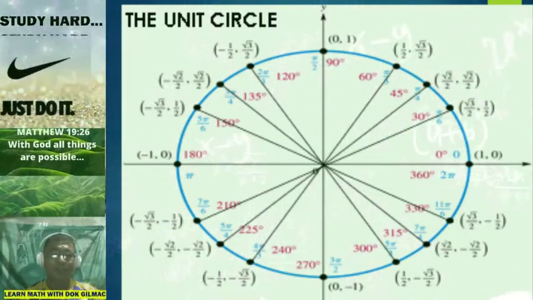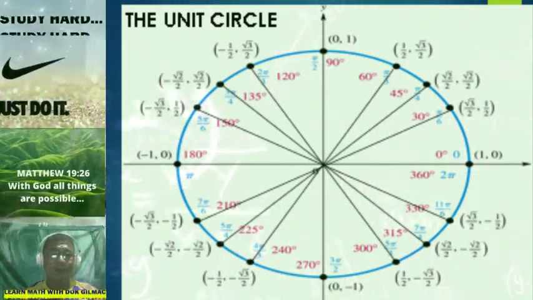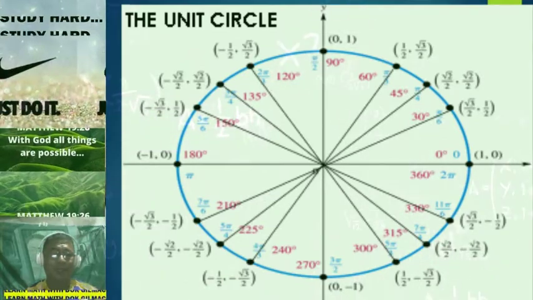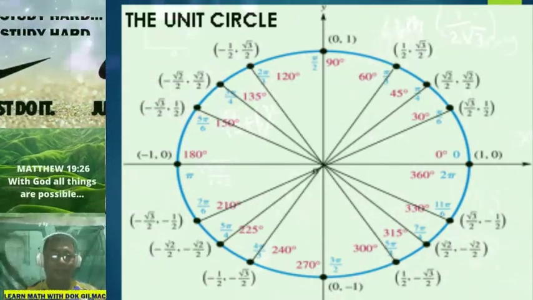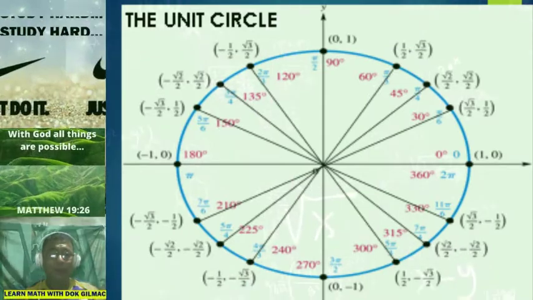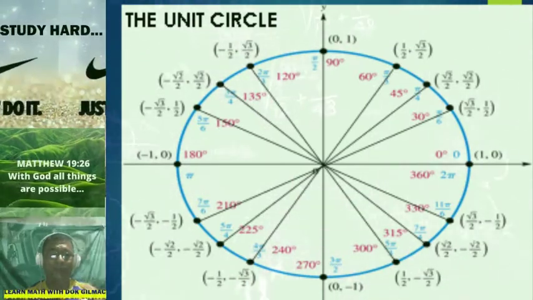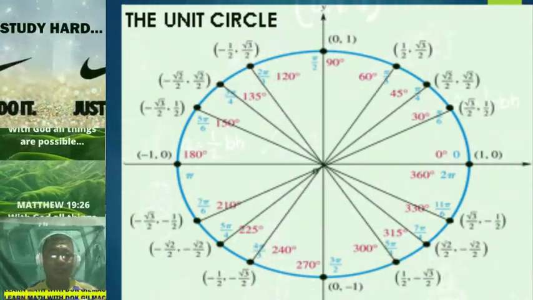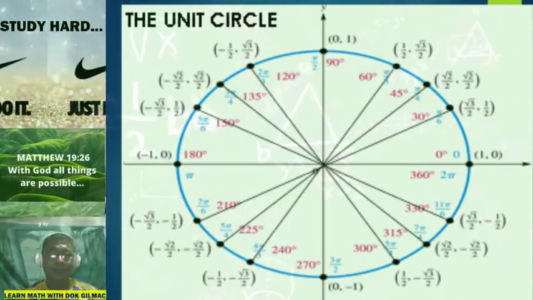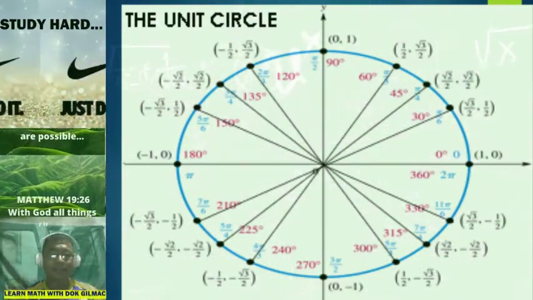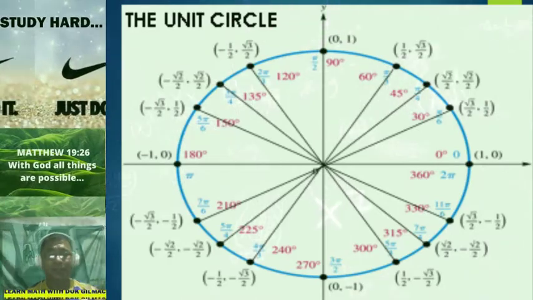For 90 degrees, P of xy is 0 and 1. For 180 degrees, P of xy is negative 1 and 0. For 270 degrees, P of xy is 0 and negative 1. And 360 degrees, P of xy is 1 and 0.